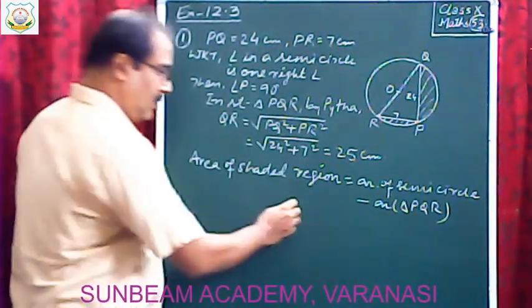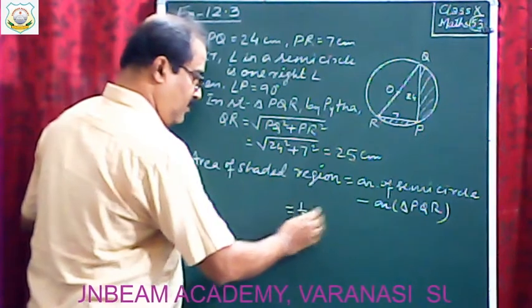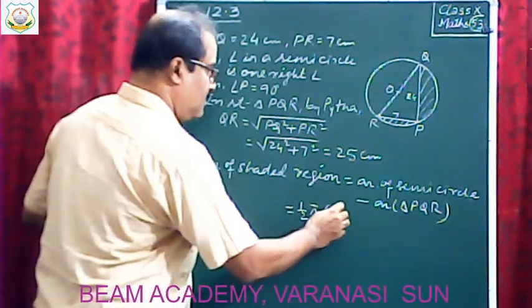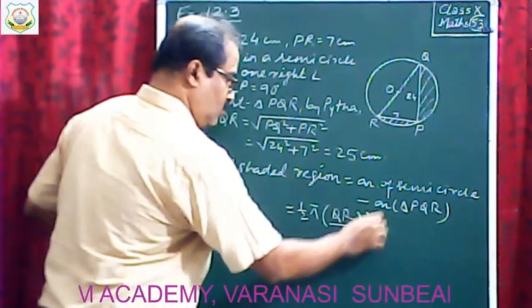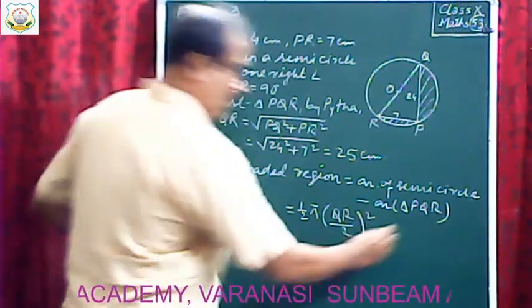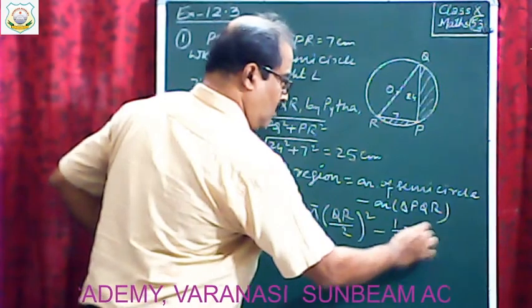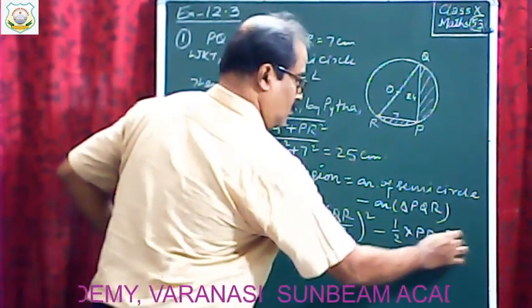Area of semicircle is half pi R square, where R means QR by 2, whole square, minus area of triangle, half into PR into PQ.